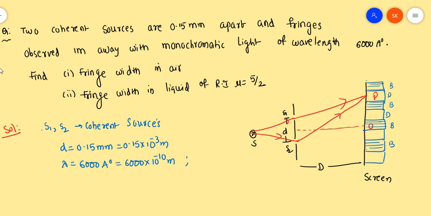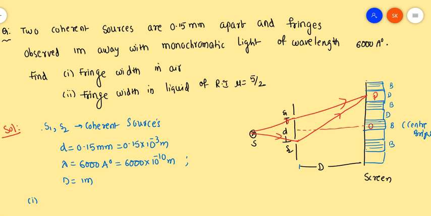Like this on the screen, we observe the bright and dark bands. This is the center bright. At the center we will observe the bright. And now these fringes are observed at what distance from the slits? That they gave as capital D, 1 meter.